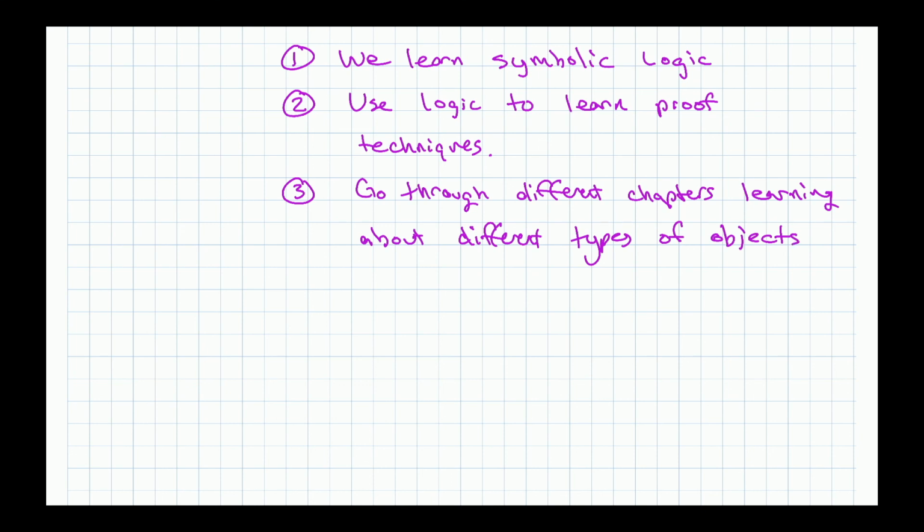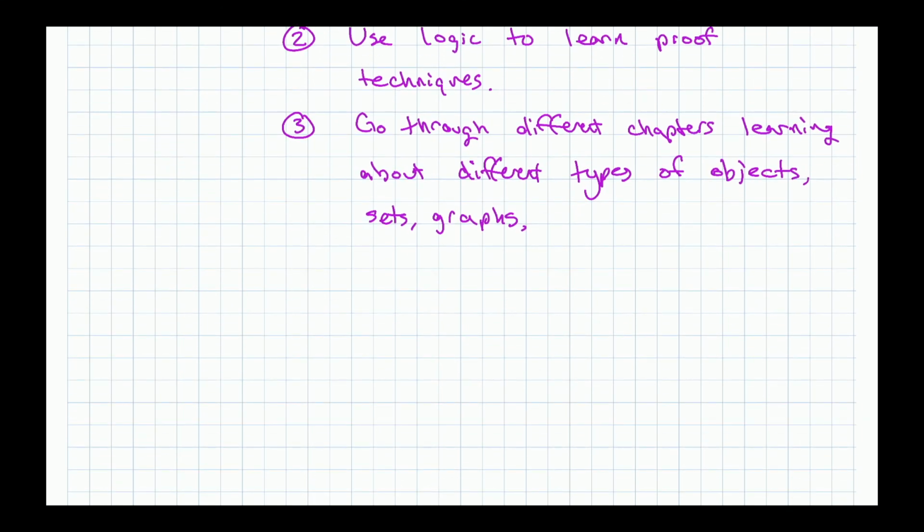What kind of objects? Well, we already said some of them. Sets, graphs. What else did we say? Sets, graphs, integers, number theory, etc. And when we go through those chapters learning about those different things, we'll be able to prove the theorems.